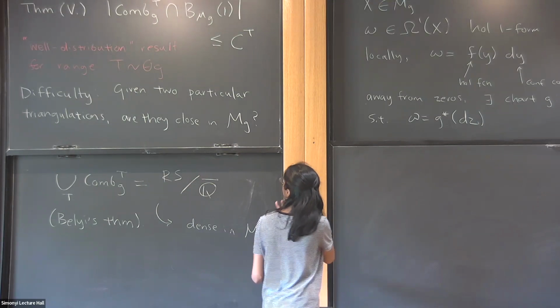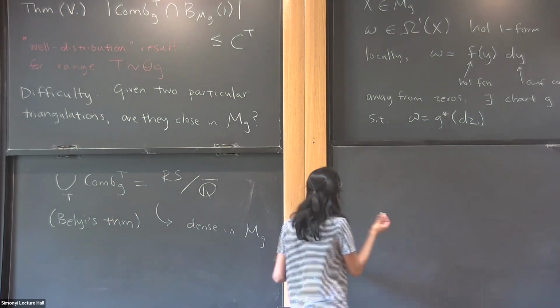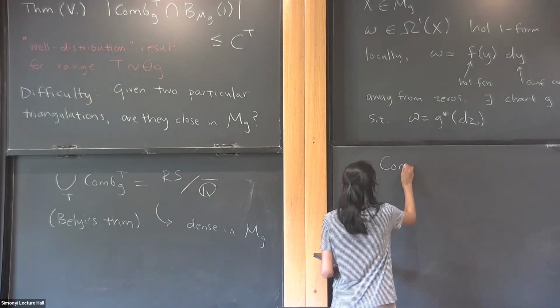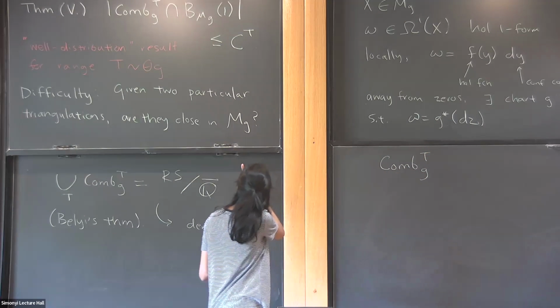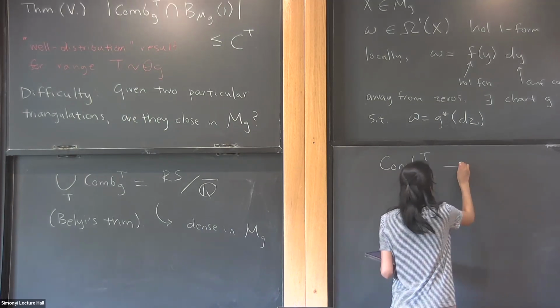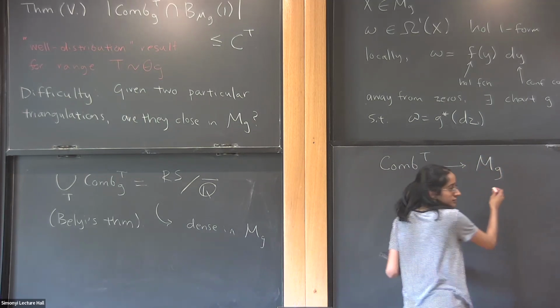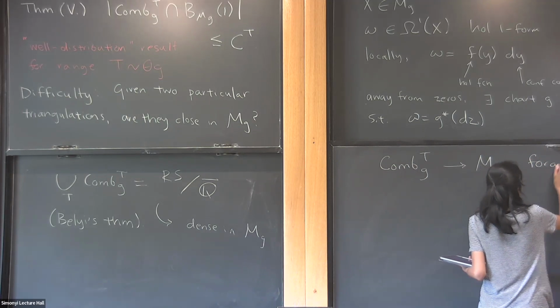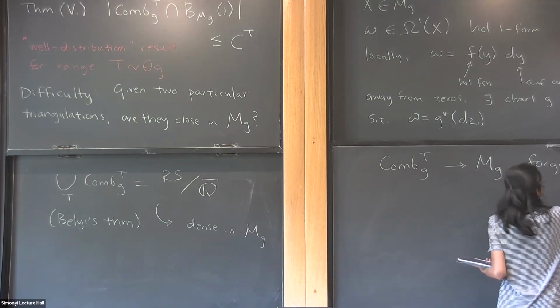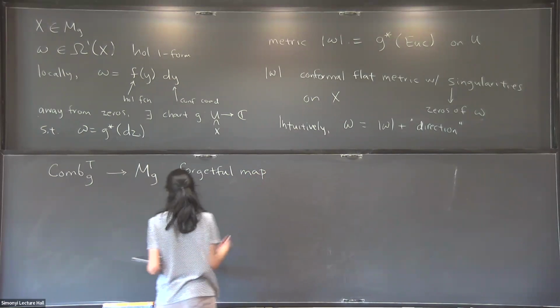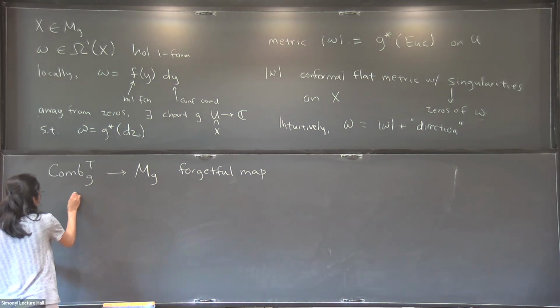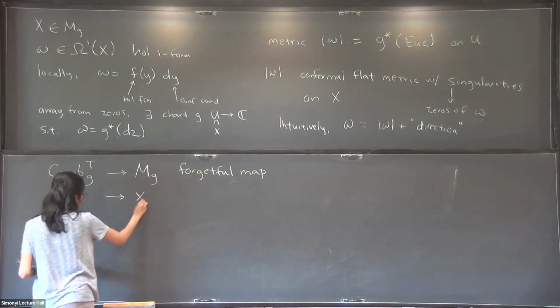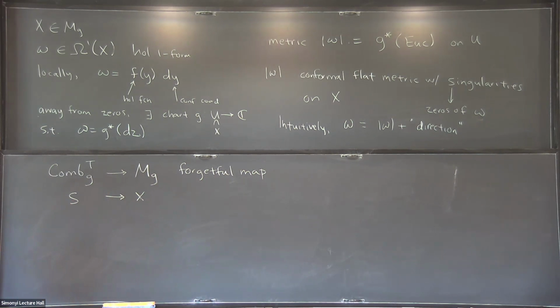Okay, so recall that we have this set com GT, and there's a map to moduli space, just a forgetful map. And now suppose you have a particular triangulated surface mapping to a particular point in moduli space.